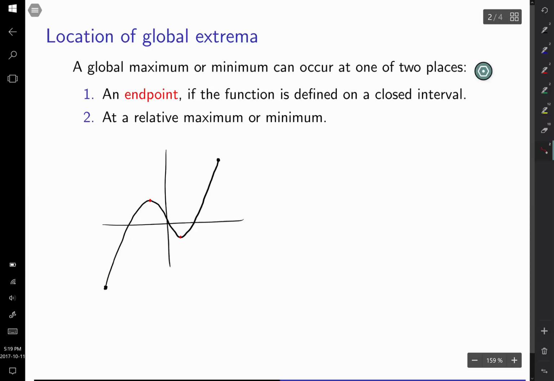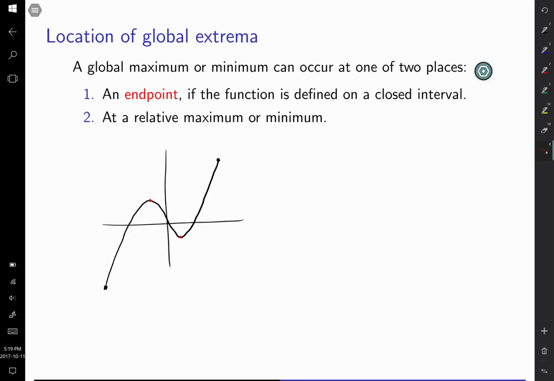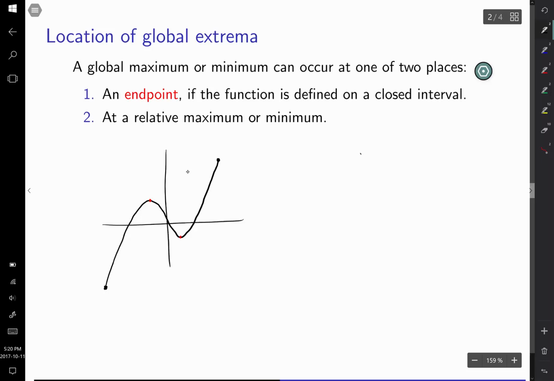So you might have an endpoint maximum like this, and if it doesn't occur at an endpoint, well then it's got to happen somewhere in between. And if it happens somewhere in between, the only way it can really take place in between is if it happens at a local max or min.